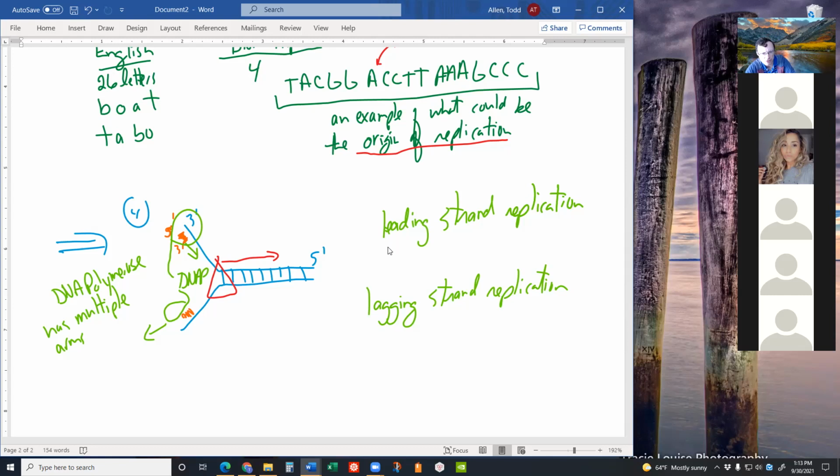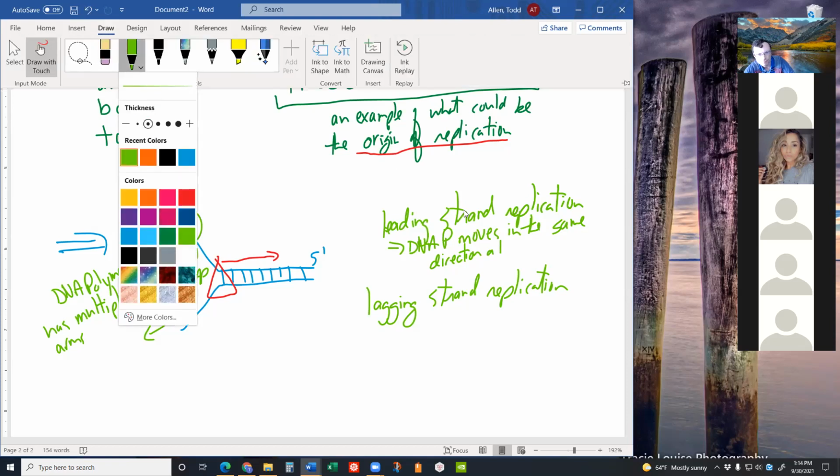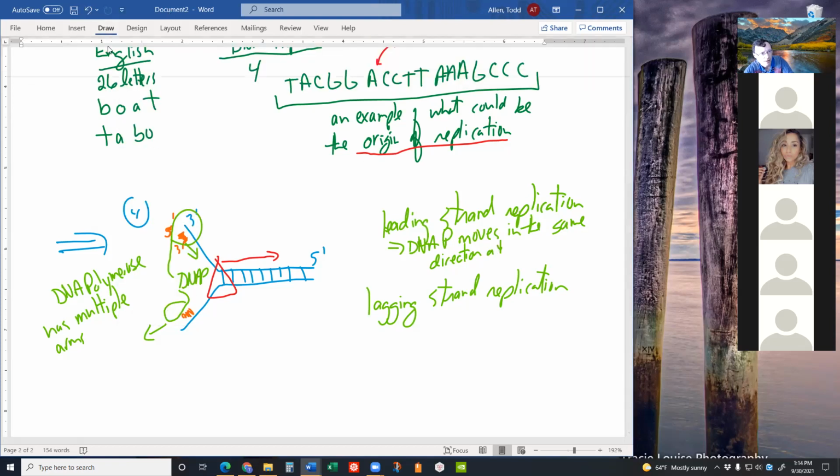For leading strand replication, DNA polymerase moves in the same direction as the helicase. Lagging strand replication, the DNA polymerase arm, if you will, is extending away from the natural motion of the helicase.